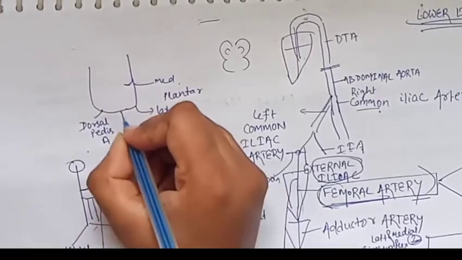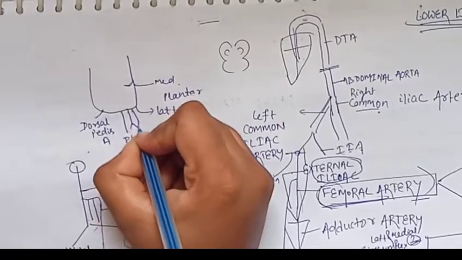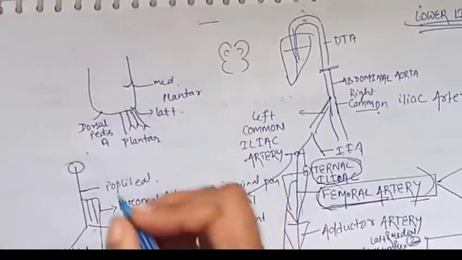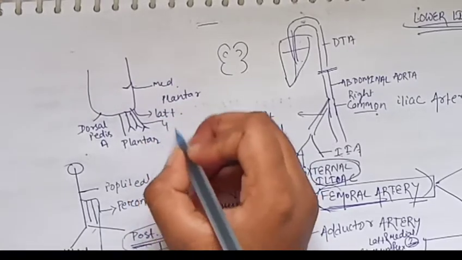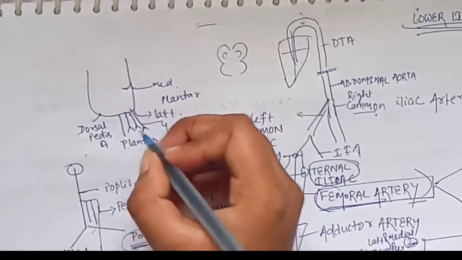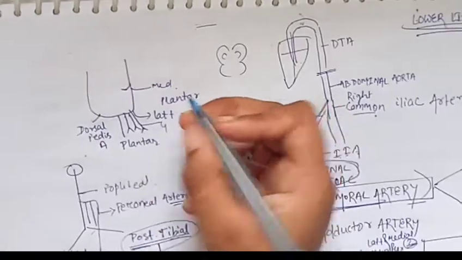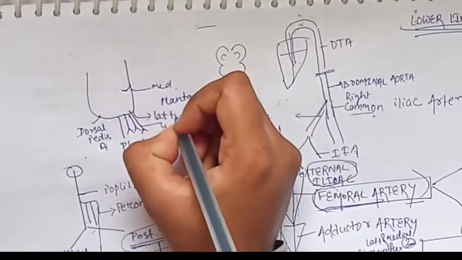This plantar arch divides and provides the four plantar metatarsal arteries, with adjacent giving branches towards the 2 digits. And the medial plantar artery, what does it give?